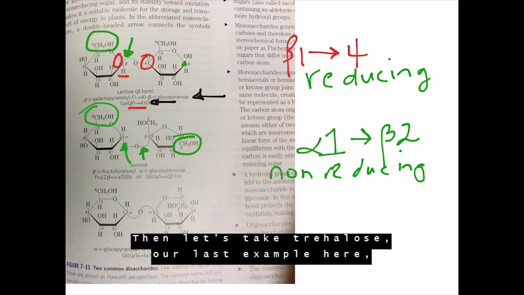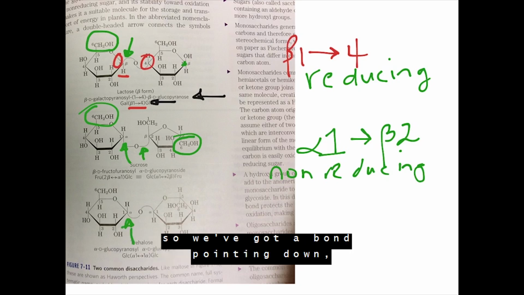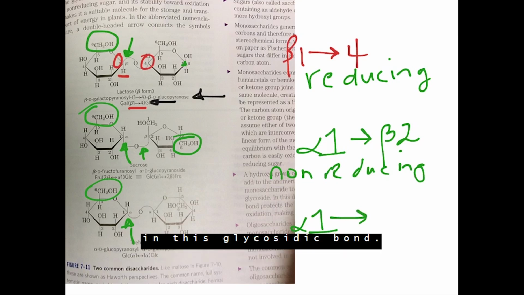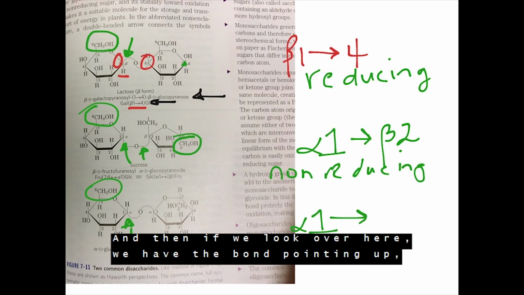Then let's take trehalose, our last example here. So we've got a bond pointing down, so a hydroxyl group pointing down, and C6 pointing up. That's an alpha 1 carbon participating in this glycosidic bond. And then if we look over here, we have the bond pointing up.